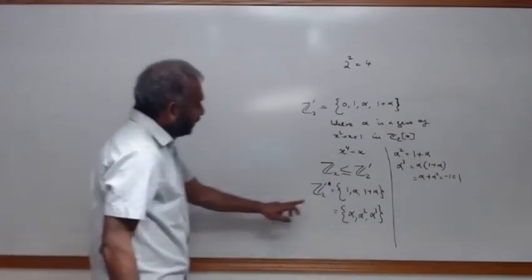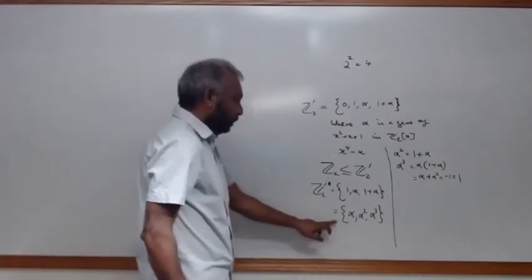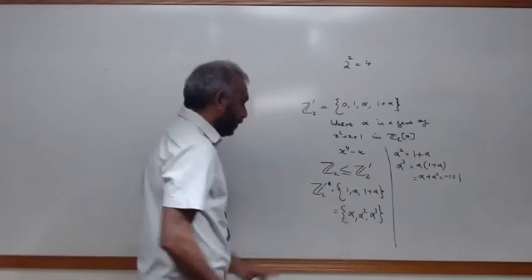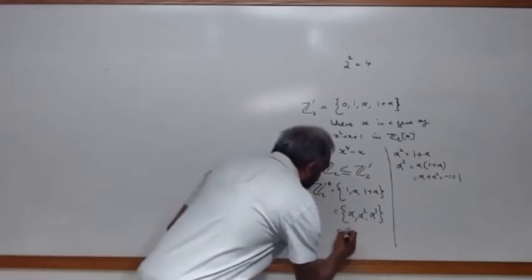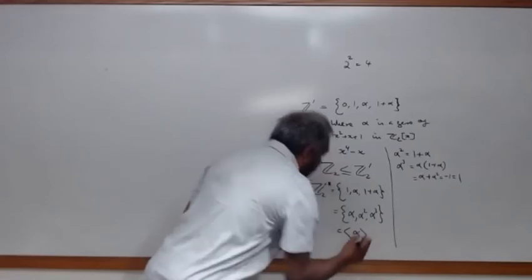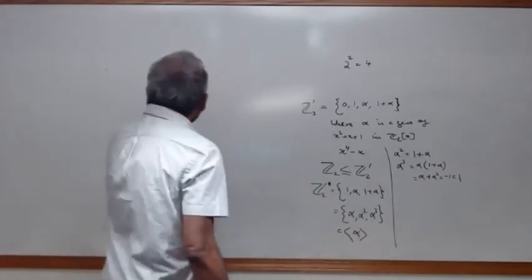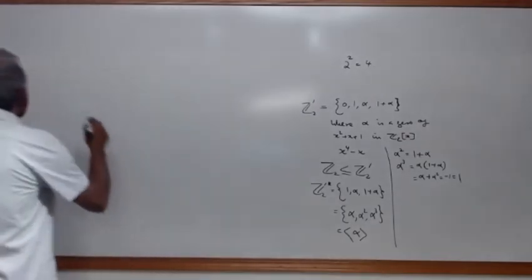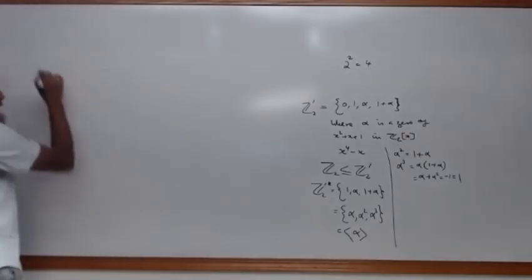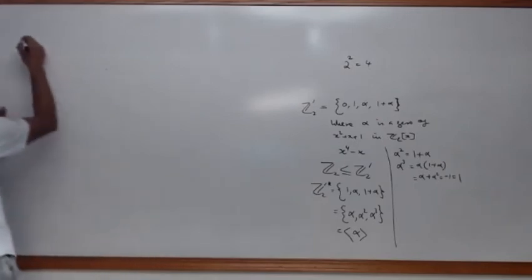In other words, this is a cyclic group generated by alpha. The reason for that is we have a result in the elementary field theory.